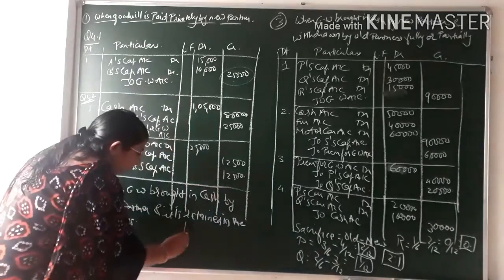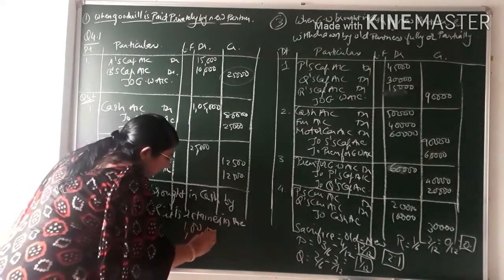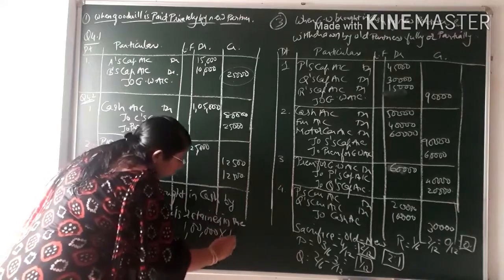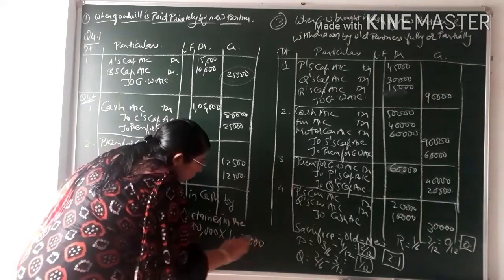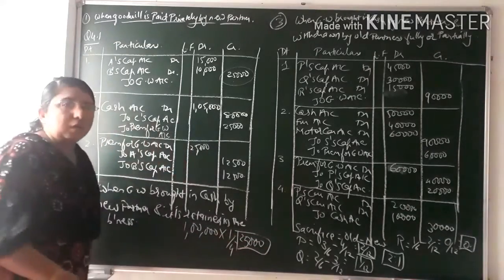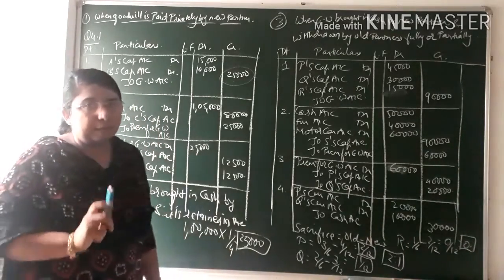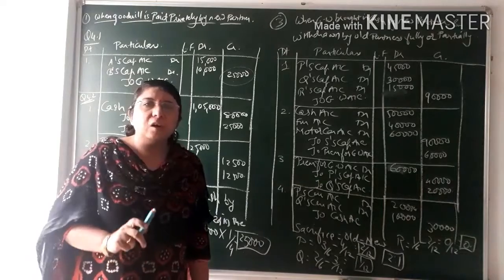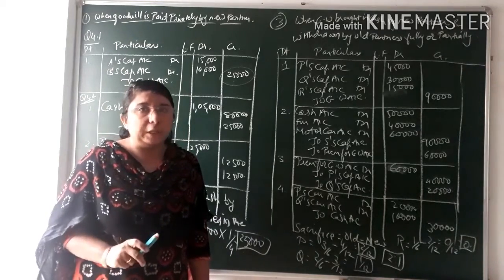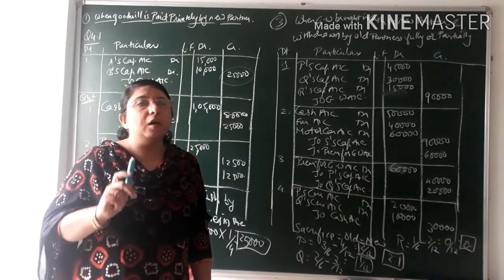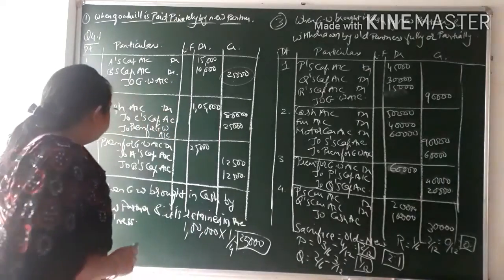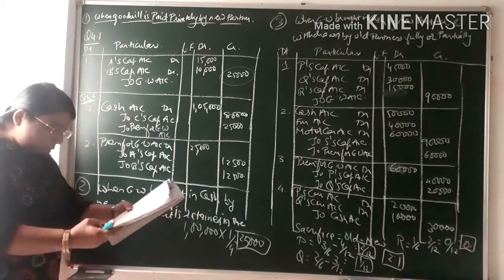So 1 lakh multiplied by 1/4 would come to 25,000. So 25,000 is his share in goodwill. So 80,000 he is bringing as capital and 25,000 he is bringing as goodwill in order to get admission in the firm.